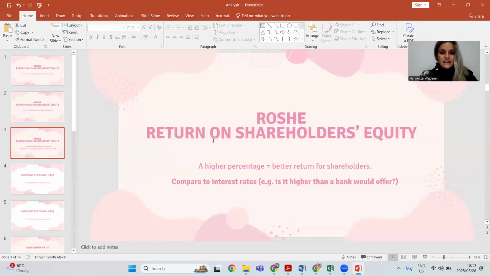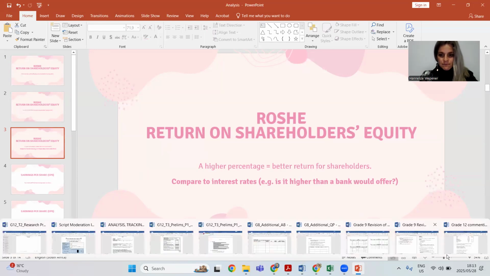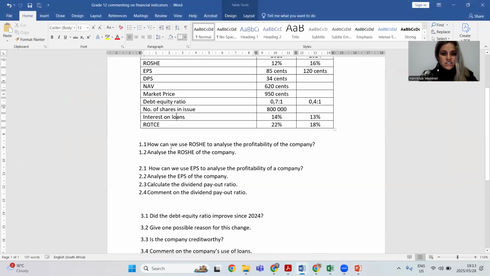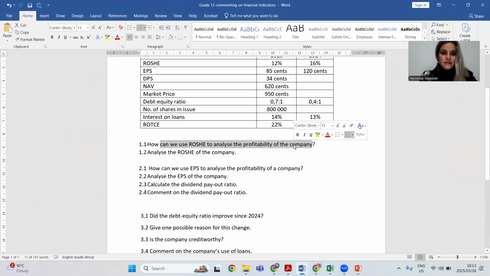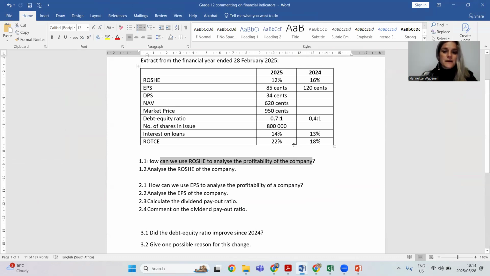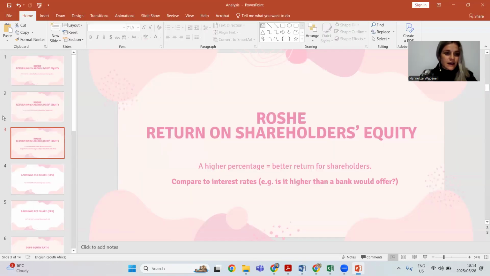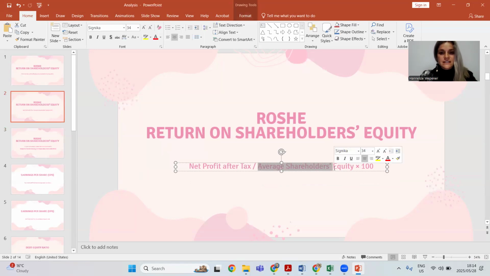And then we said that the higher, the better, must just be at least above the interest rates that banks will offer. So now the question is again, how can we use this to analyze the profitability of the company? The way that we use it is we are going to see how much returns, so how much profits we are generating using our shareholders' equity.